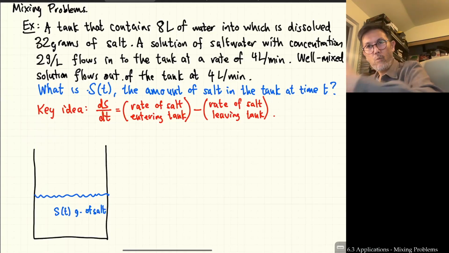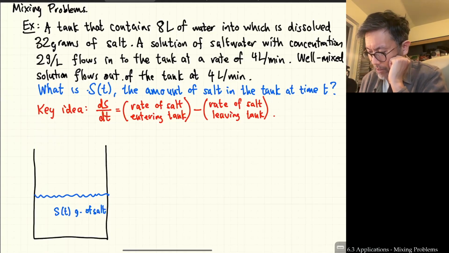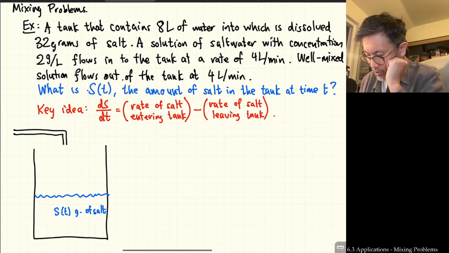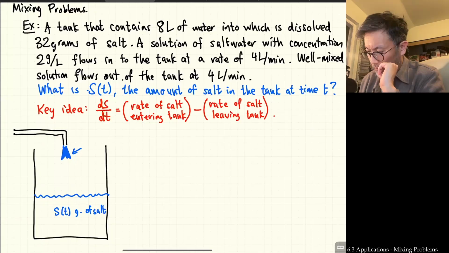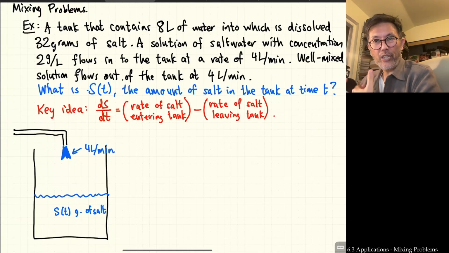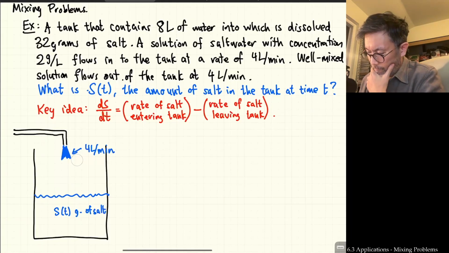And we have stuff entering from maybe a pipe. You can imagine a pipe dropping fluid into this thing, and it's doing so at a rate of 4 liters per minute. And it has a particular concentration of 2 grams per liter.